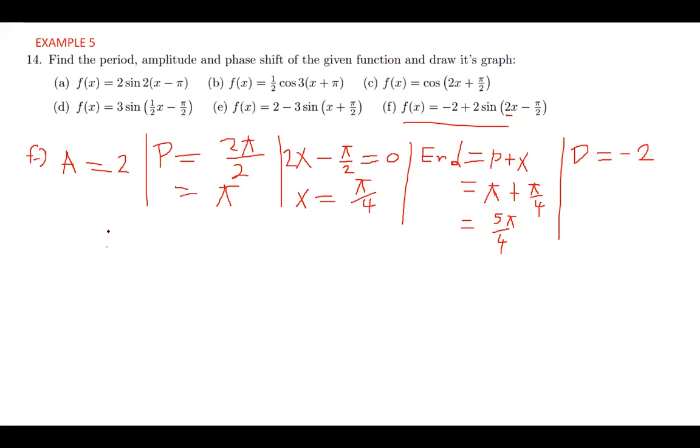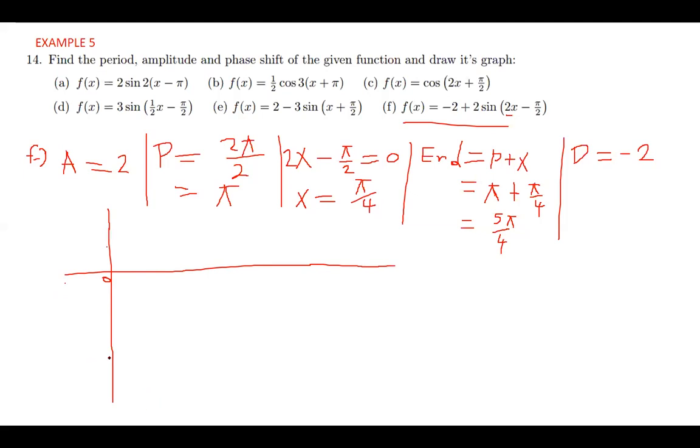So I'll draw this. Of course, I'm going to draw smaller ones like that. So this is my 0 axis. Let me draw the shift first, which is the line of axis, meaning to shift to -2.